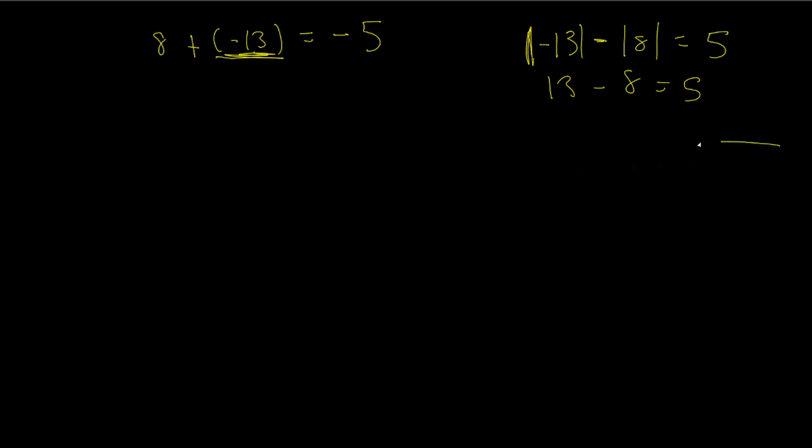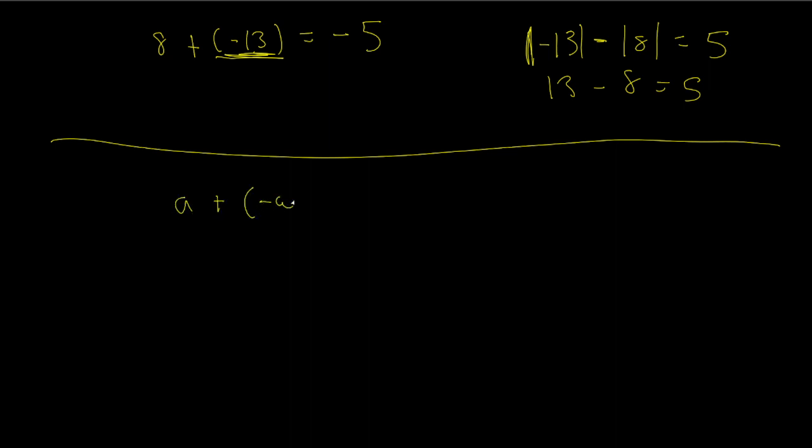A neat property of numbers is shown by the opposites. If I add an opposite to a number, I get 0. And this has to do with how they're balanced on the number line.